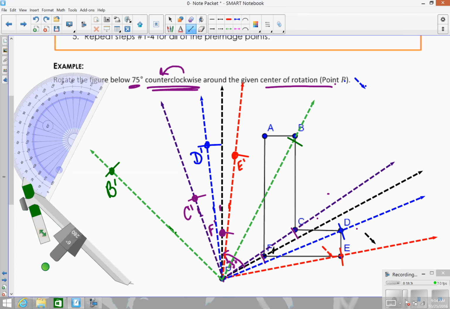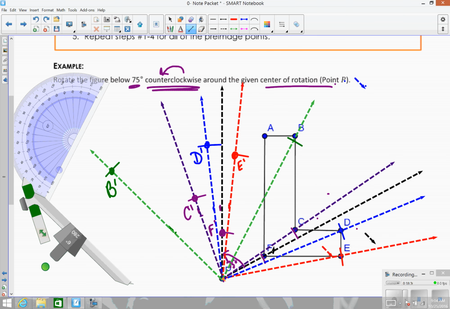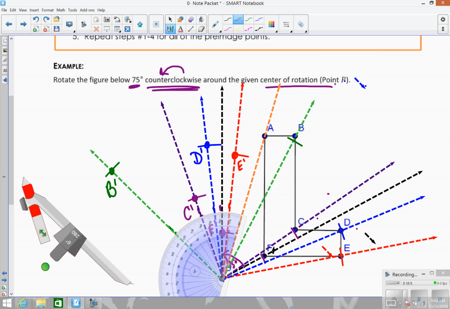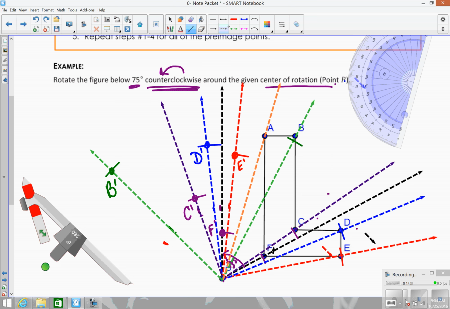Last one here, draw my ray through A. So from the center through A, measure 75 degrees. So 75. Draw my ray.